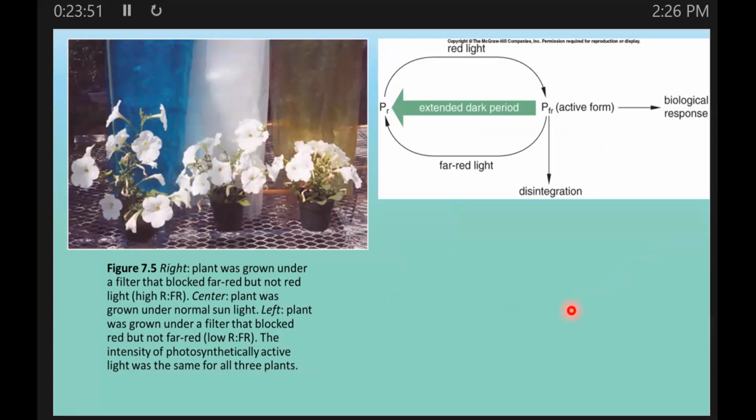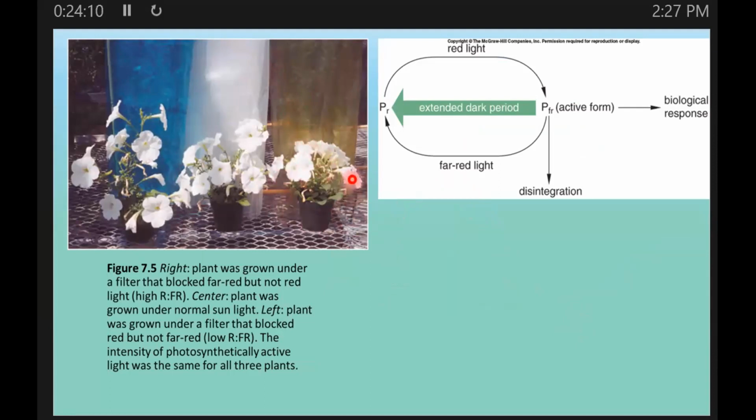So here, this is from the book, just showing that you can get different shapes of the plant too, as well as the flowering idea, depending on the quality of light. And so here, that plant was grown with pretty much high red light.